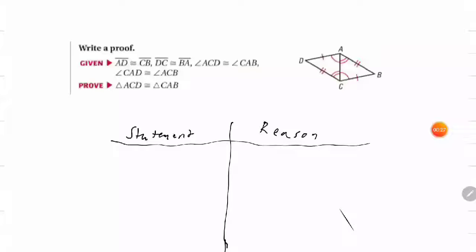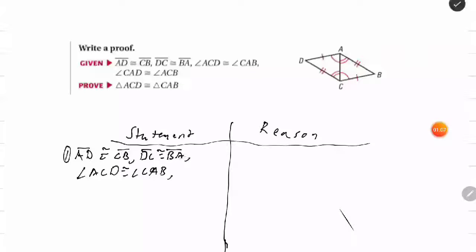And first thing we got to do is just list off all our givens. So our first statement, we're going to say AD is congruent to CB. DC is congruent to BA. And angle ACD is congruent to angle CAB.